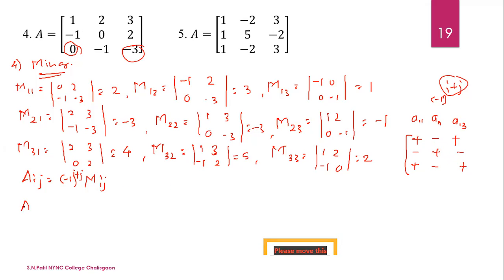Now see, A11 is 2, A12 is 3, A13 is equal to 1. I write the sign after completing the total entries.